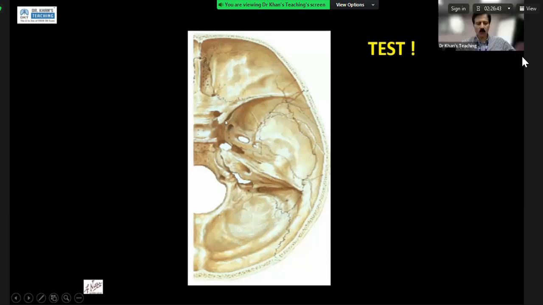Just 1 second, no, rotundum. What is this? That's the optic canal. This is the anterior clinoid process, and this will be medial to that. On a CT, you will see it like that. And this foramen? Lacerum, which is not a true foramen in real life.